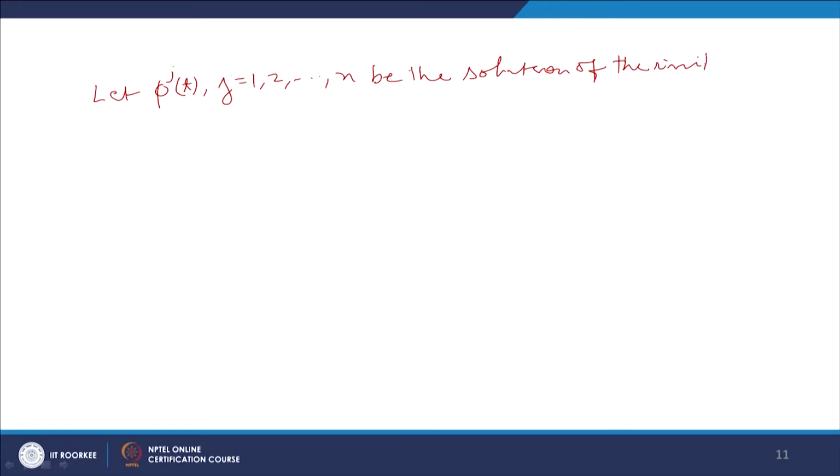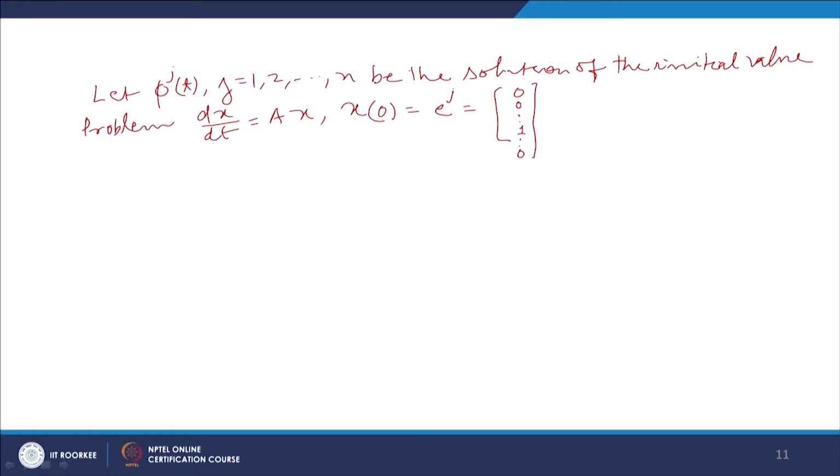So let phi j(t), j equal to 1, 2 and so on up to n, be the solution of the initial value problem x dot, dx by dt equal to Ax, x(0) equal to Ej, where Ej denotes the column vector 0, 0, 0 and so on, where 1 occurs in the jth row and so on up to 0.